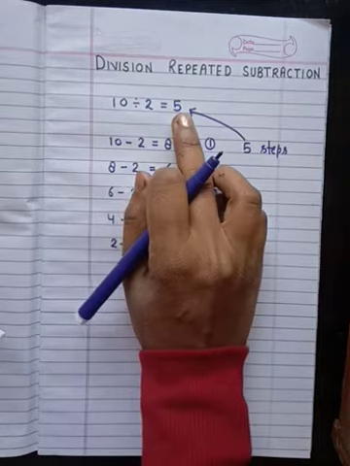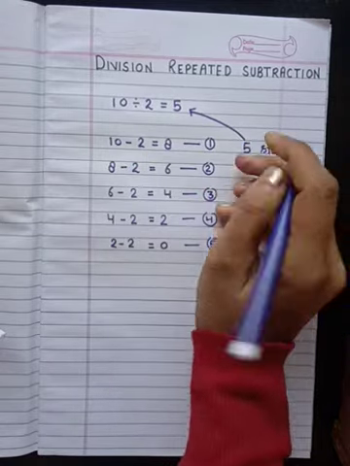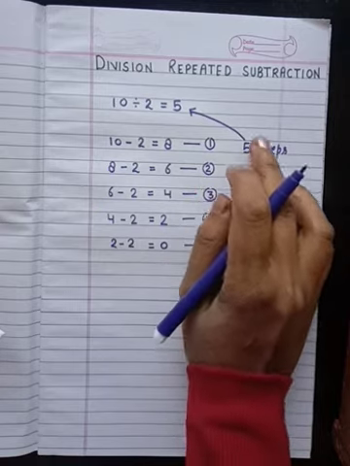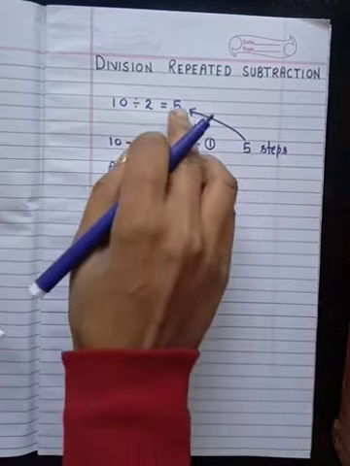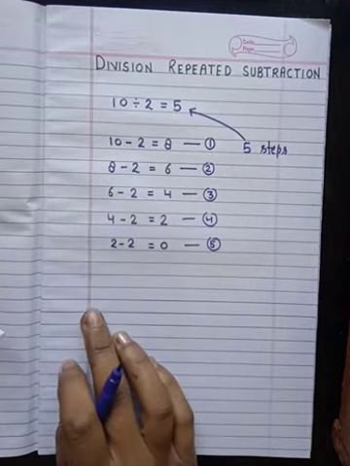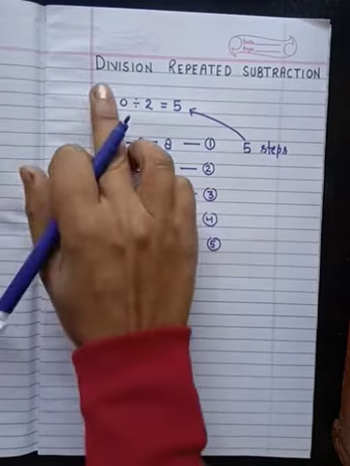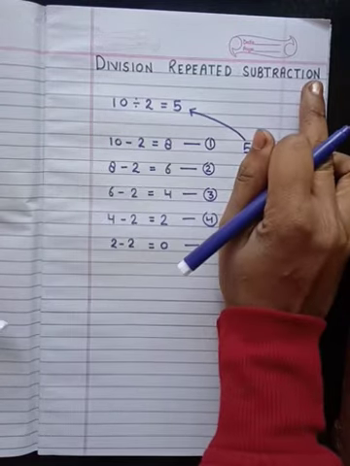You can see here, beta, the result of division is 5 and 5 steps are involved, so it is the same as the quotient. Okay, now I hope you all have understood this concept, division, repeated subtraction.